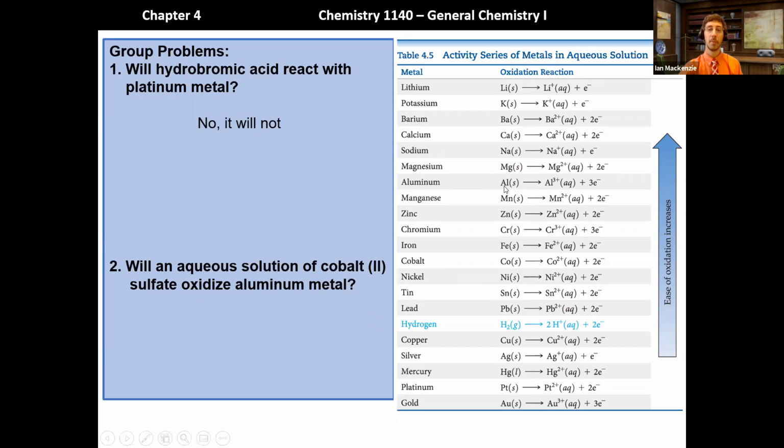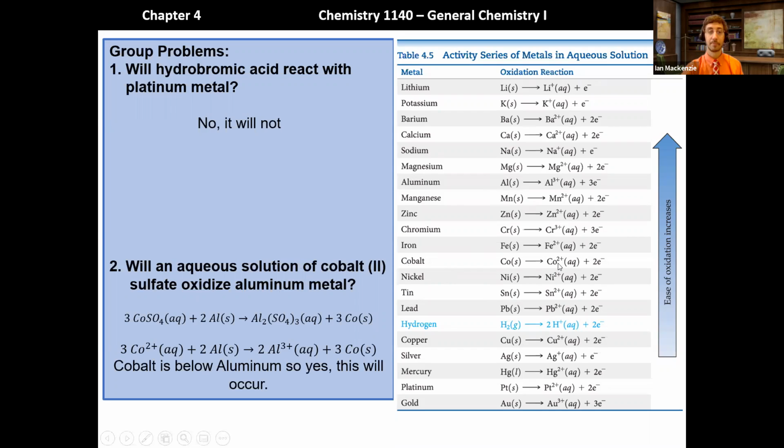So the aluminum metal is above the cobalt ions. So yes, this will occur. We would have a reaction between the cobalt ions and the aluminum metal to oxidize the aluminum metal and reduce the cobalt ions to cobalt metal.